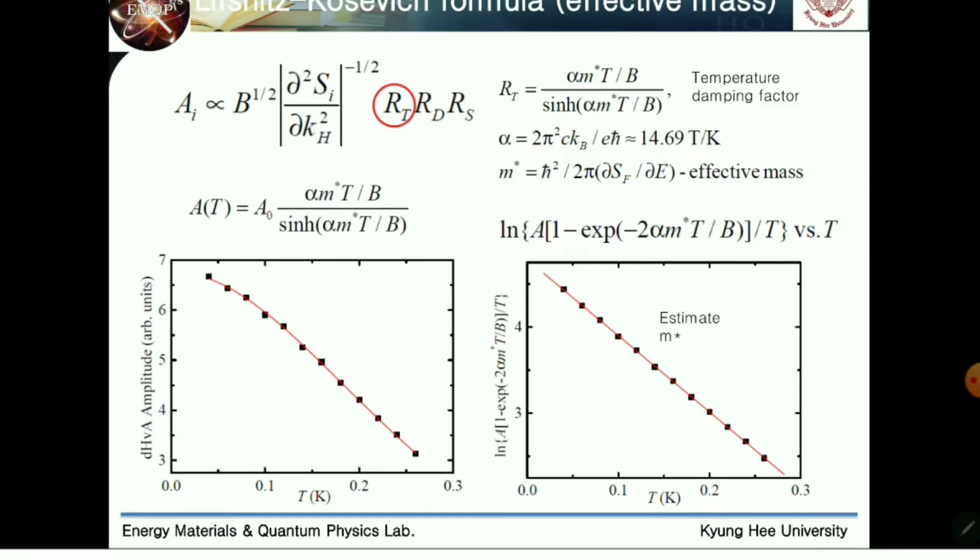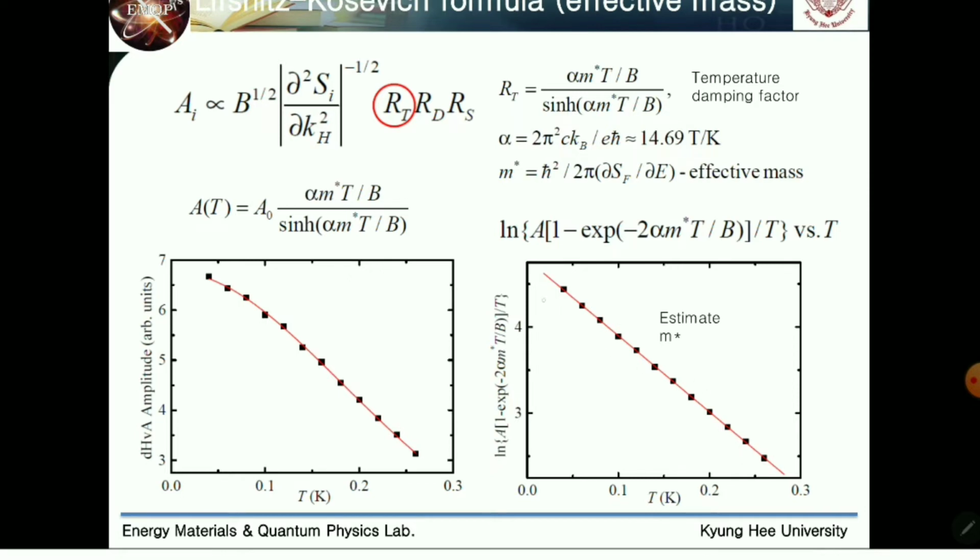By measuring the amplitude of the quantum oscillation, we get the temperature dependence. The left figure shows the temperature dependent de Haas-van Alphen amplitude, and this amplitude can be fit with this plot. The vertical axis is the log of the amplitude with the factor 1 minus exponential of minus 2 alpha m star T over B, divided by T, versus temperature, and it shows a linear shape.